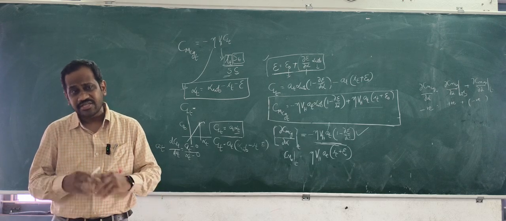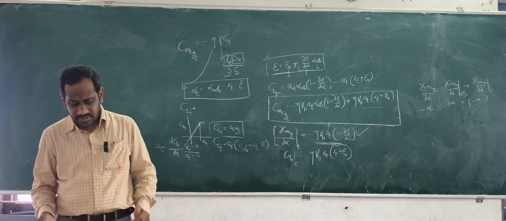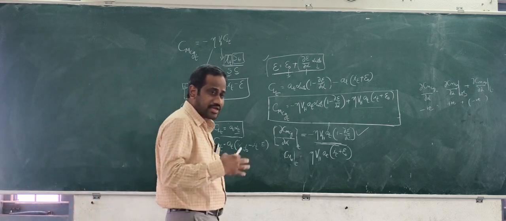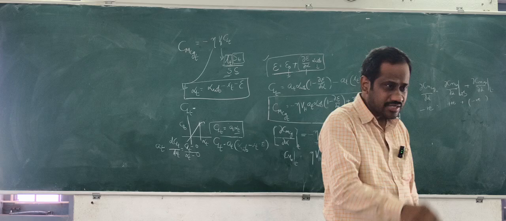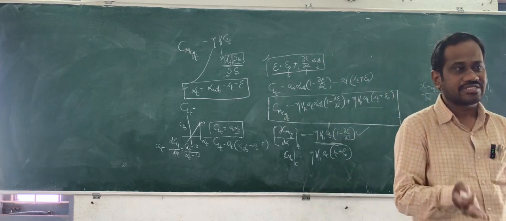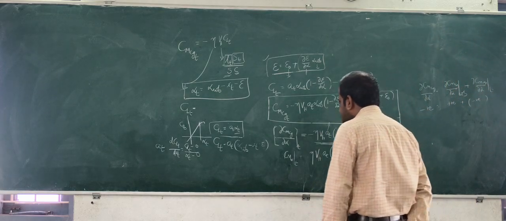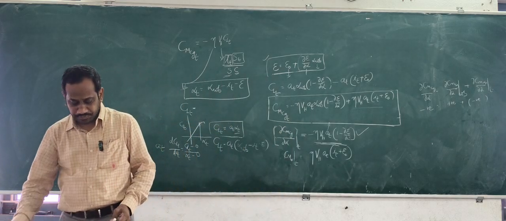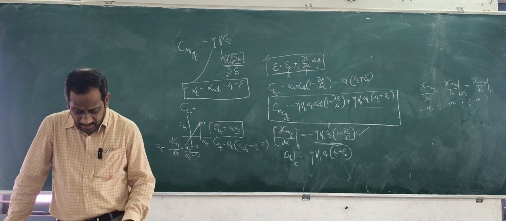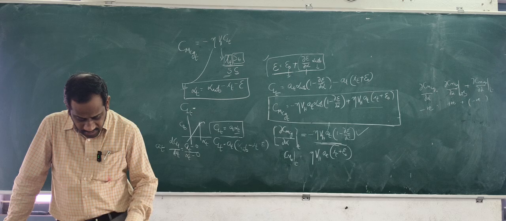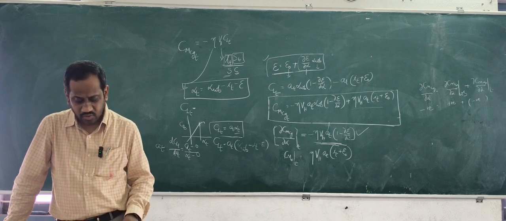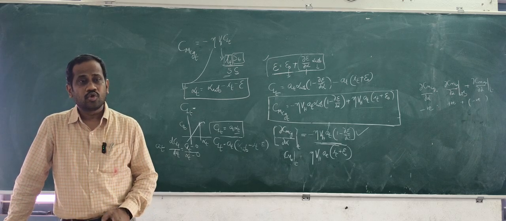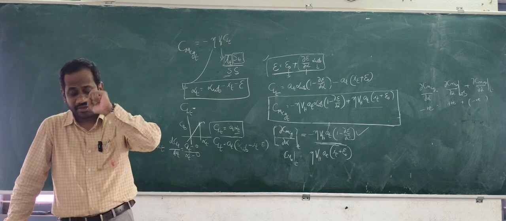So the designer can adjust any of these parameters to achieve the desired dou Cm Cg by dou alpha t. Write the statement. The designer can adjust any one of these parameters to achieve the desired dou Cm Cg by dou alpha t.